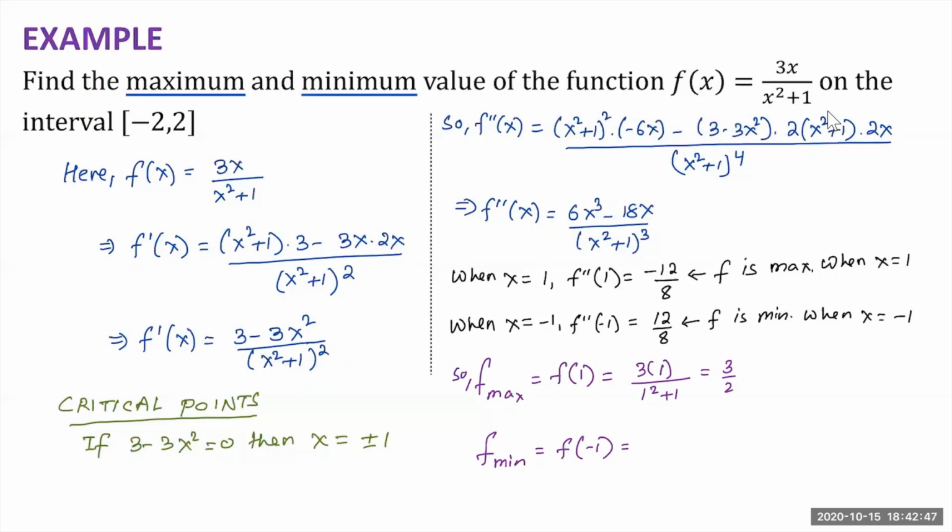So if you plug in negative 1, it will be 3 times negative 1 over negative 1 squared plus 1. 3 times negative 1 is negative 3 over negative 1 squared is 1, 1 plus 1, that is 2. So the maximum value of the function is 3 over 2, and the minimum value is negative 3 over 2.